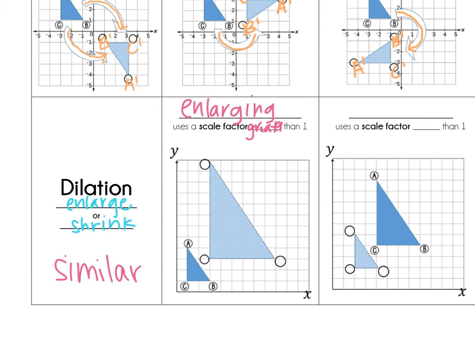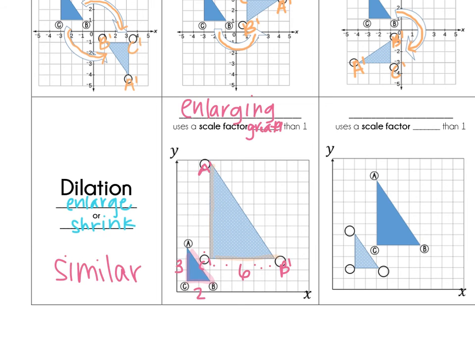If you look, we use that same notation, A prime, B prime, and C prime. This was our original image right here. I'm going to count and measure the sides. Here it's 2 blocks, here it's 3 blocks. With our new image, if I count those same corresponding sides, this one is 1, 2, 3, 4, 5, 6.